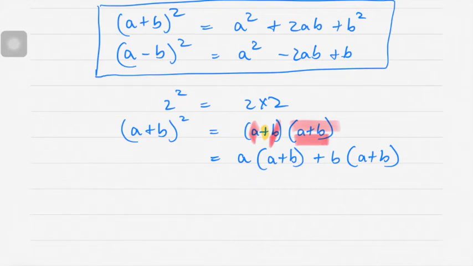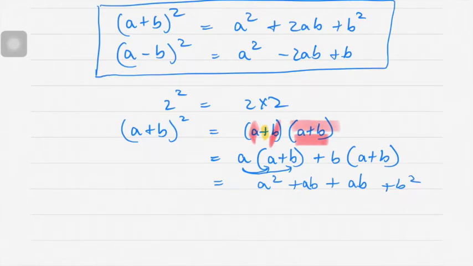I'm sure you have already studied this in your school. Now I'm opening the bracket. So a into a will become a square. a into b will become ab. Now this side plus b into a will become ba or ab, and b into b will become b square.